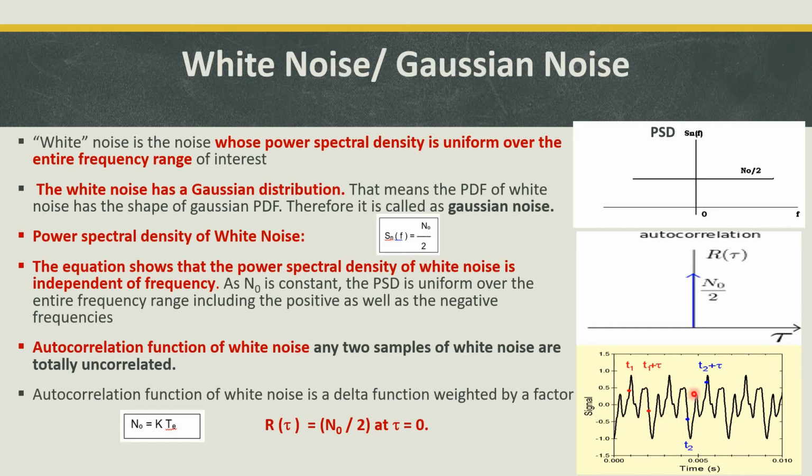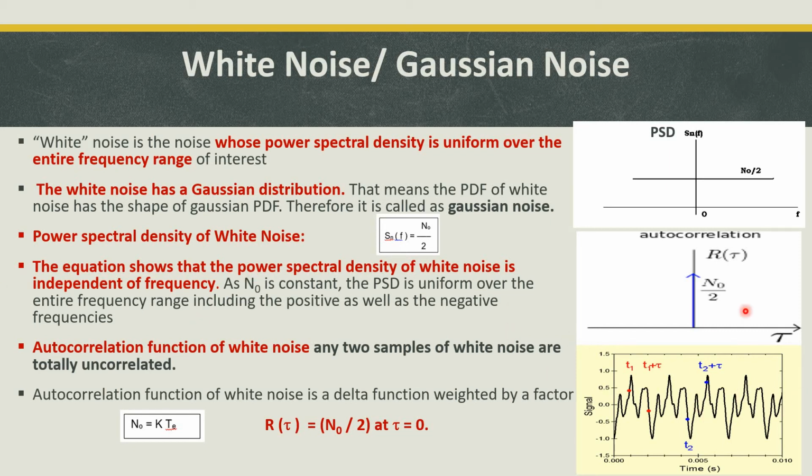As per this Johnson noise or white noise, you can see that at time t1 and time t plus tau there is no correlation. In a similar manner, at time t2 and time t2 plus tau there is no correlation. At each and every time instant the noise is continuously varying. There is no similarity.